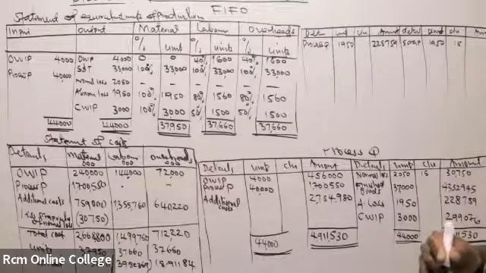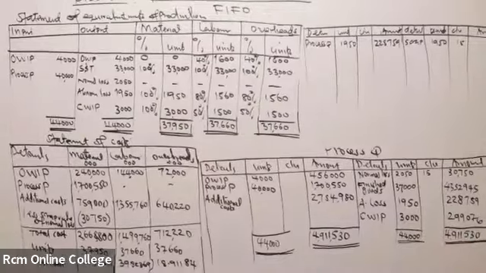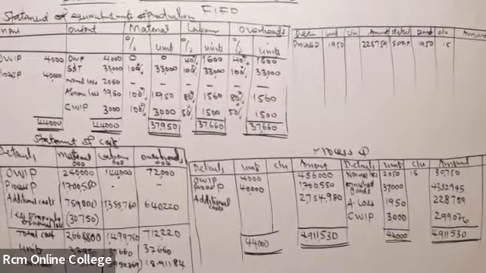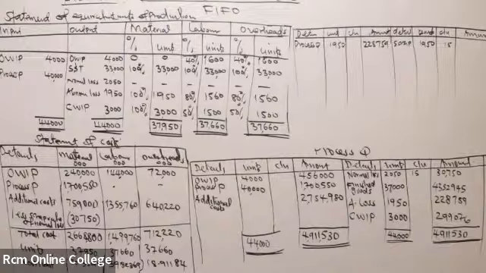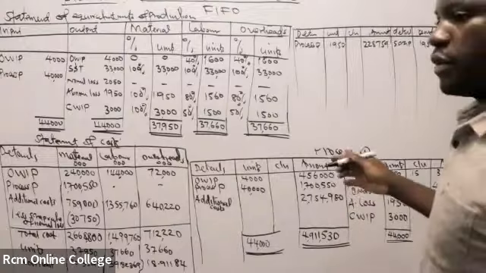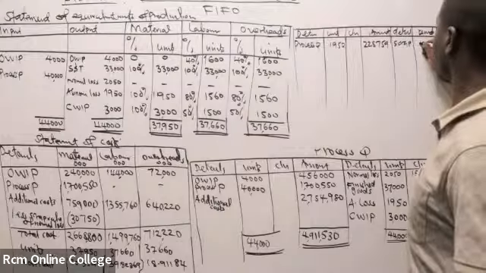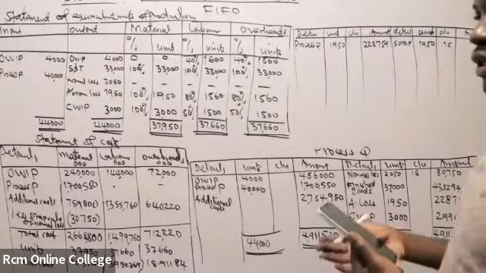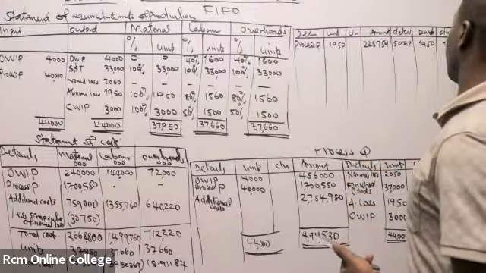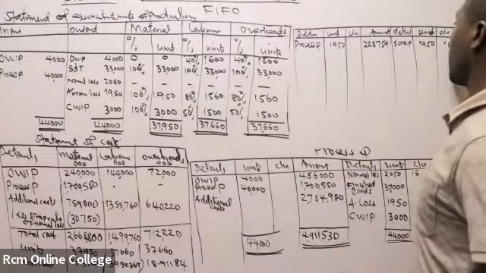How much is 1950 by 15? It is 29,250. So we have 29,250 going to scrap account.